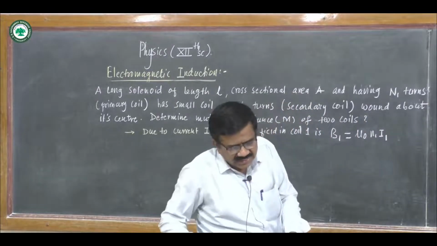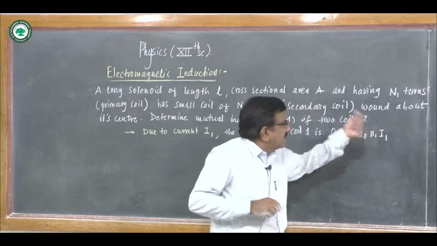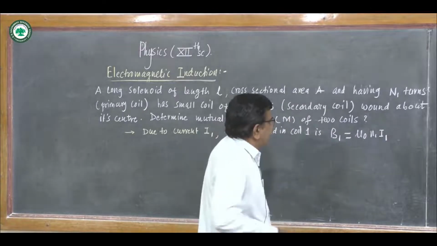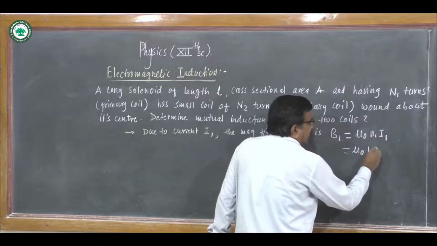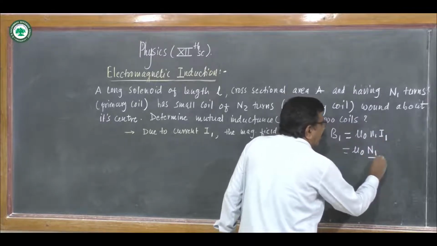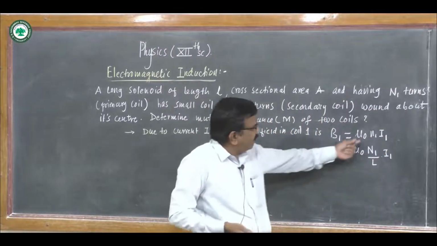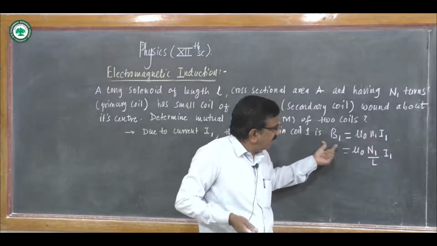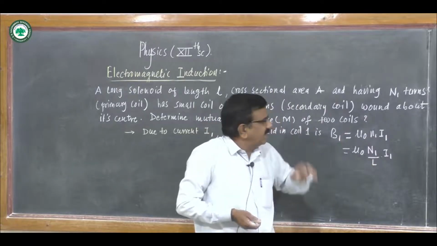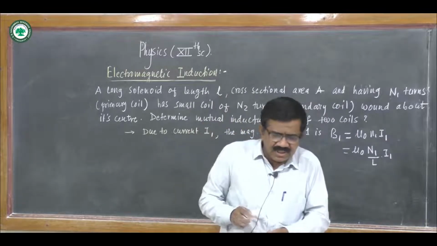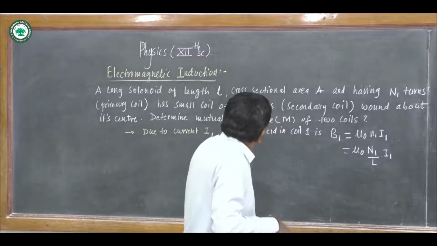This small n is the number of turns per unit length, so we write it as mu 0 N1 upon L into I1. For the first coil, the number of turns is N1. So this is the field in coil 1.